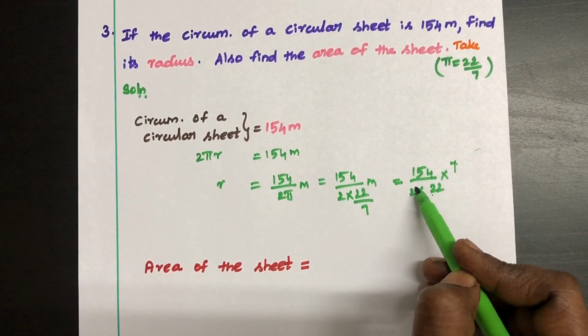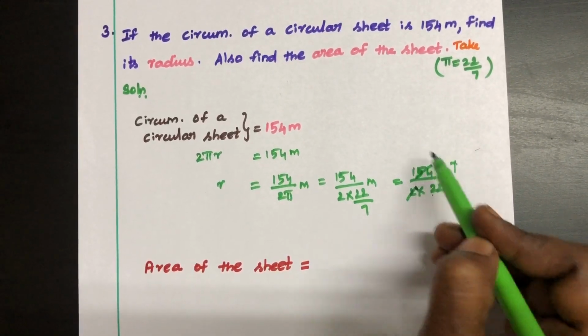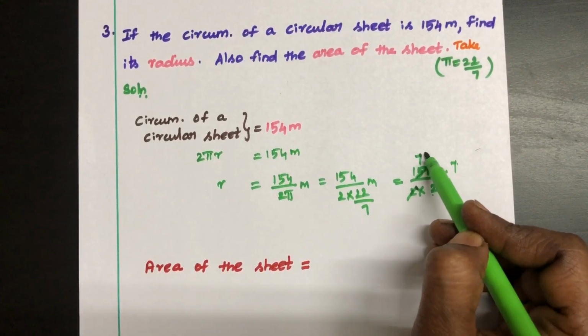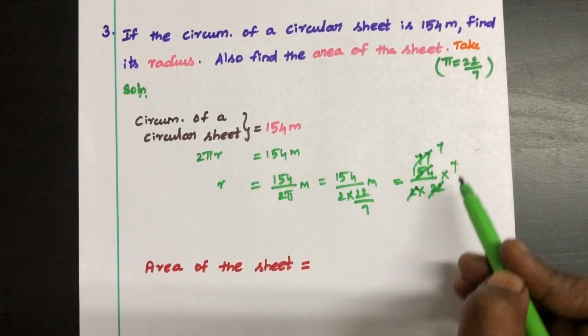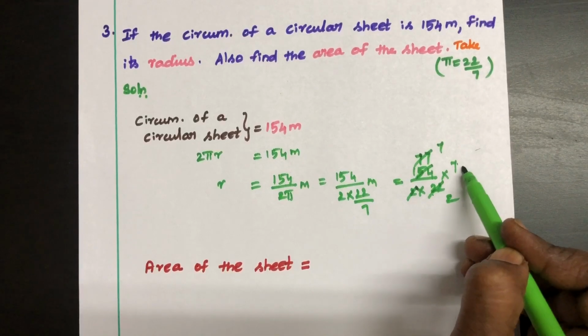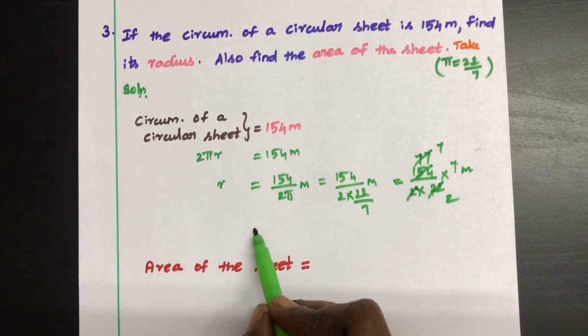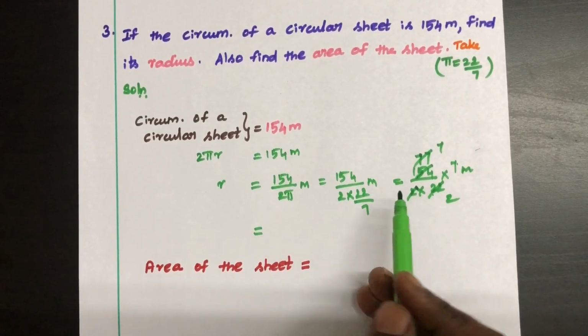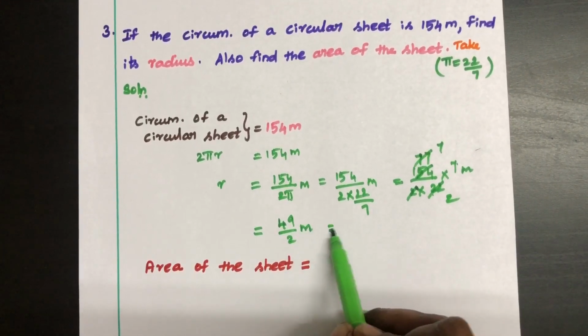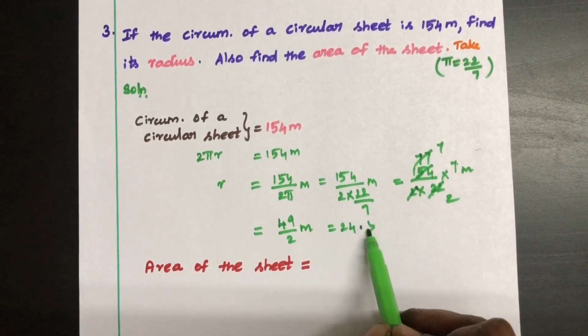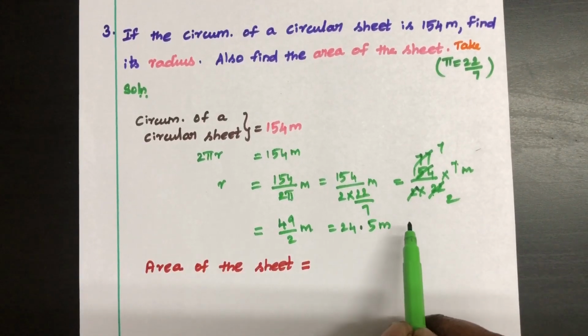So now this becomes 7 times, again 7 times. Using 11 we can cancel this. Always keep it in mind, we should put meter. So this is 49 by 2 meter, or 24.5 meter. This is our radius now.